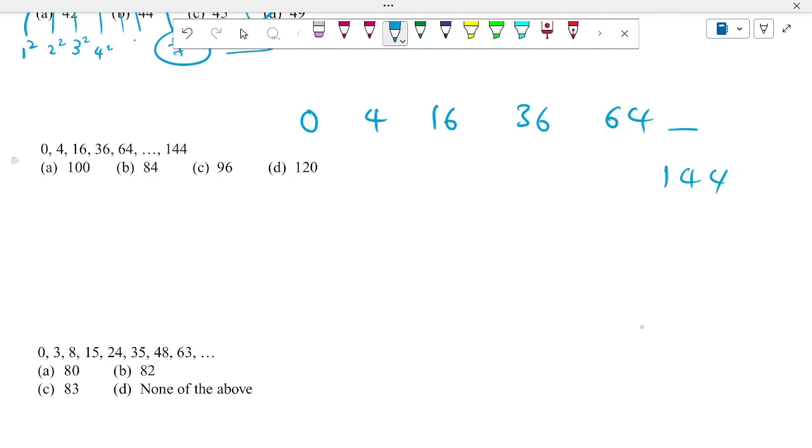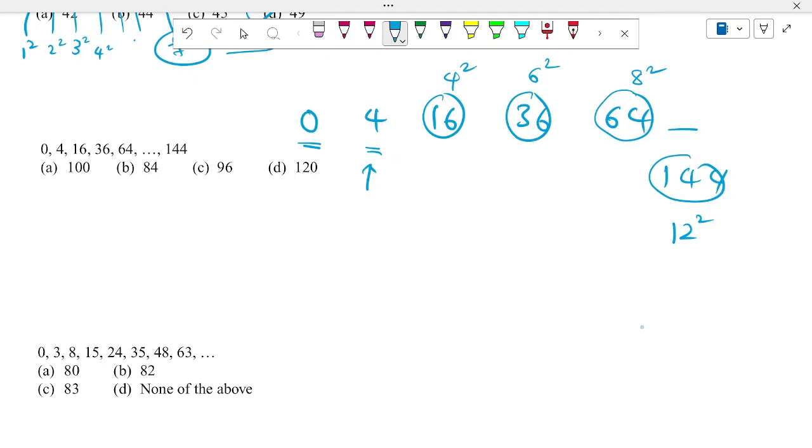You can see, since it is starting from 0 and 4, you see they are looking almost like 144. It is square of 12, 12 square. 64 is square of 8, 8 square. Square of 6, this is square of 4, square of 2, this is square of 0.